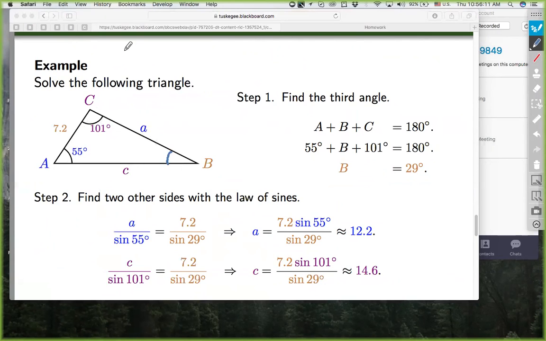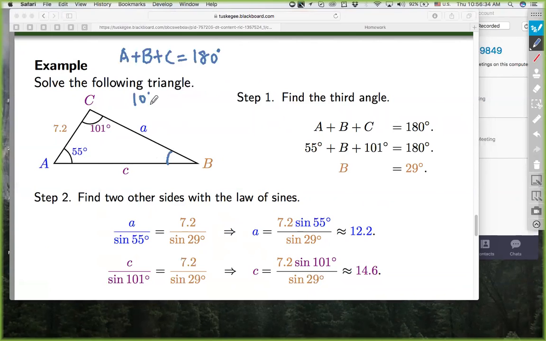And the sum of three angles of a triangle equals 180 degrees all the time, right? We'll use this property to figure out the third angle when you're given two angles. Whenever you know two angles, the third angle comes from this formula here.